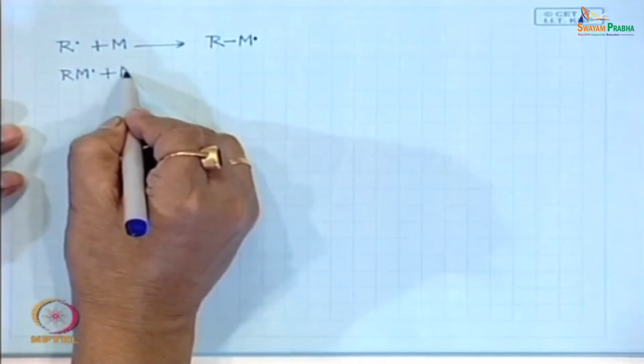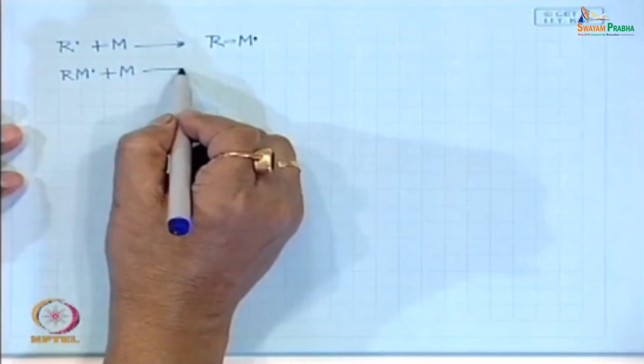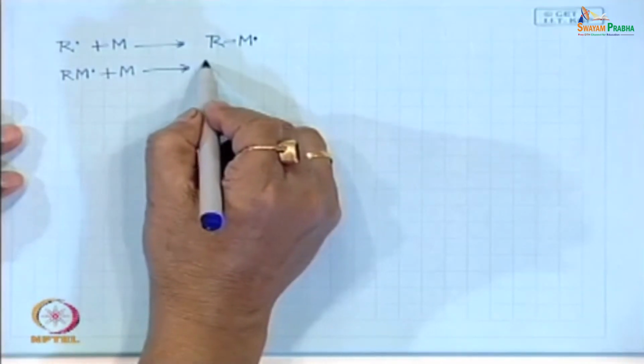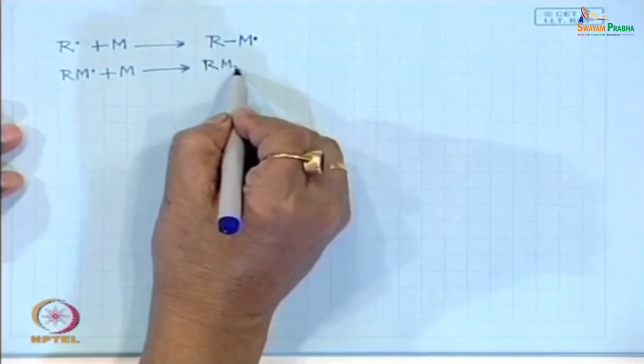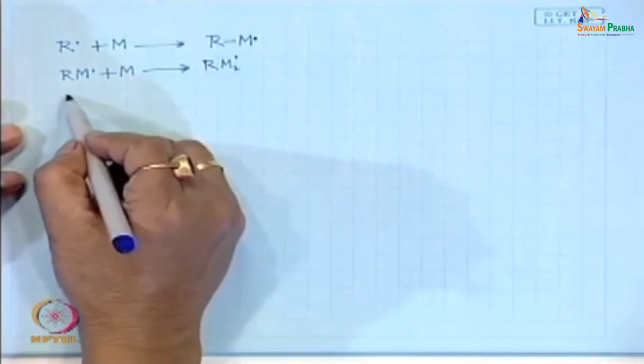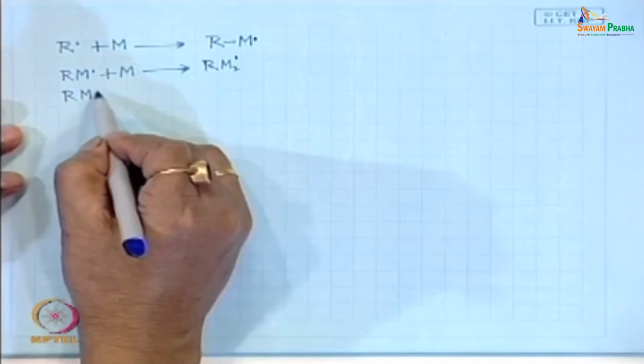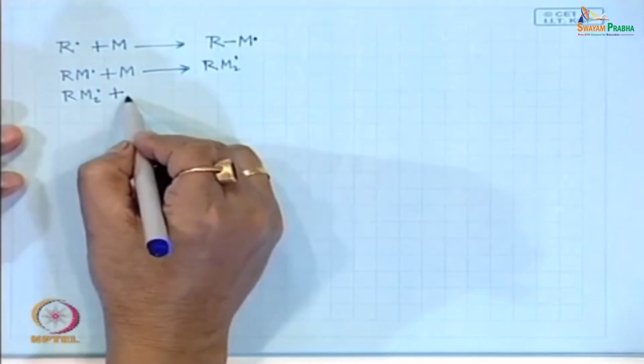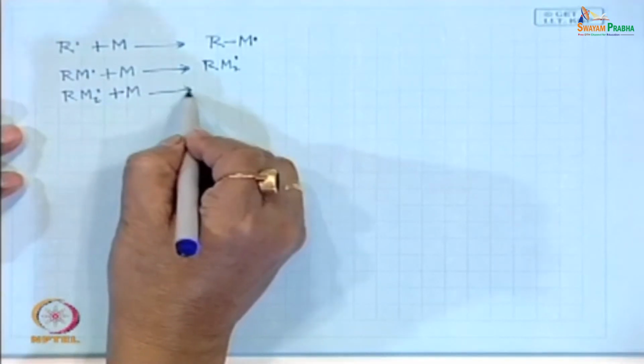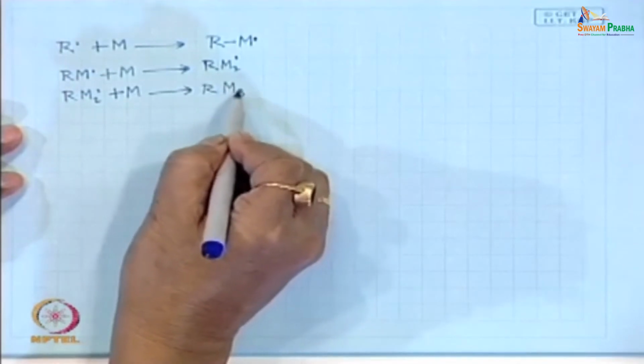This adds to another monomer, forming R M2 dot. R M2 dot plus M gives R M3 dot.